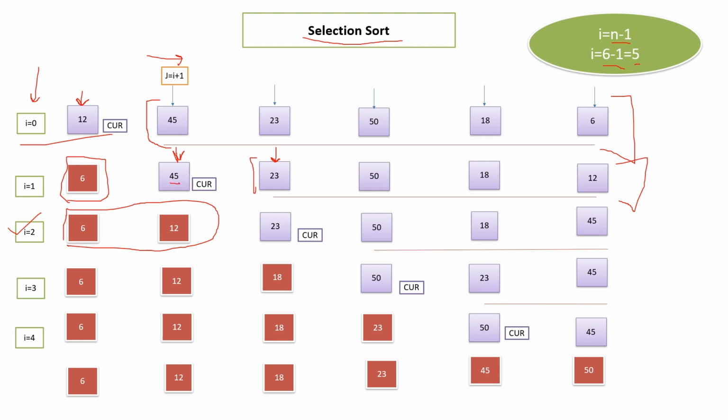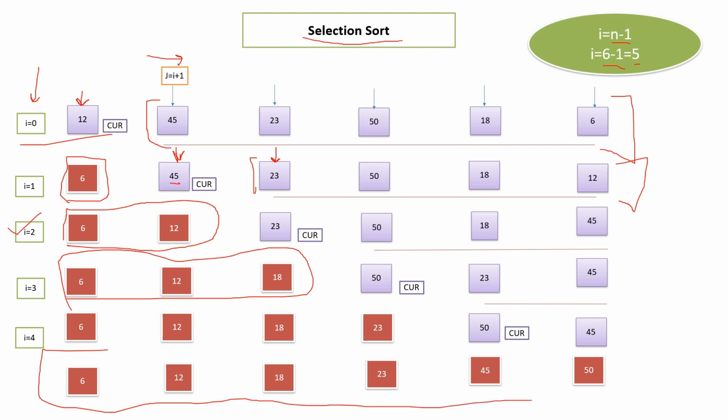So we swap these values, and each time the smallest element is placed at its correct position. At last we find that all the elements are sorted in ascending order. So that's it about selection sort.